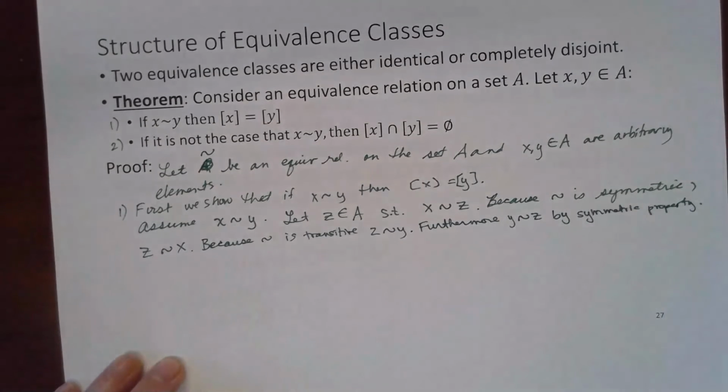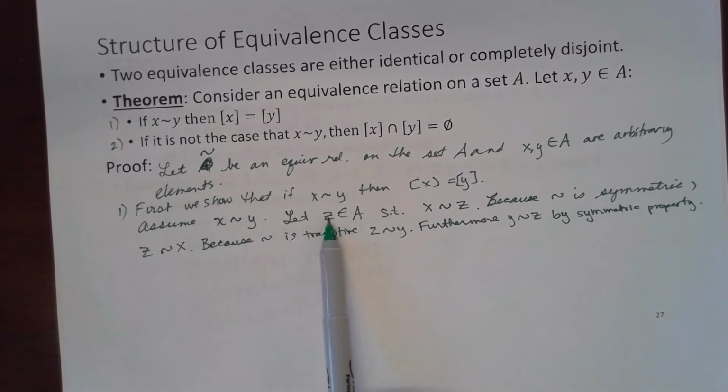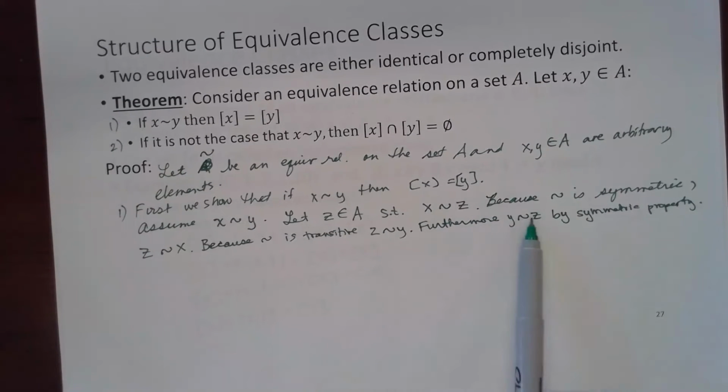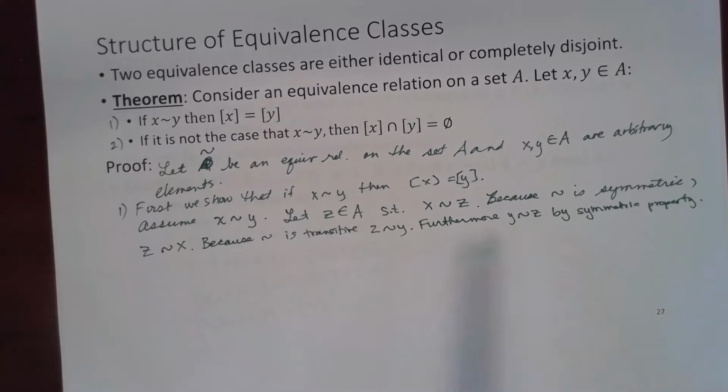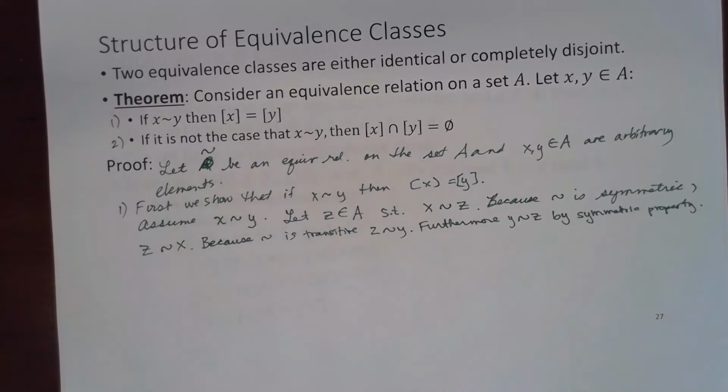So what we have is that x is related to z and y is also related to z, and z is just some arbitrary element. So no matter what arbitrary element z I choose, if it's related to x, it's also related to y, which means it's always in x's equivalence class and in y's equivalence class.